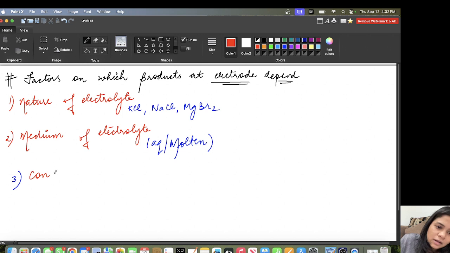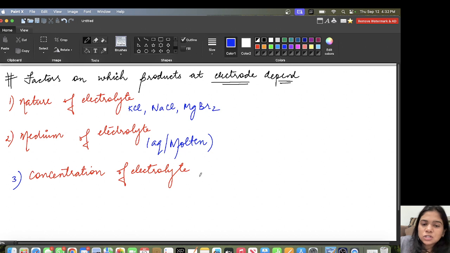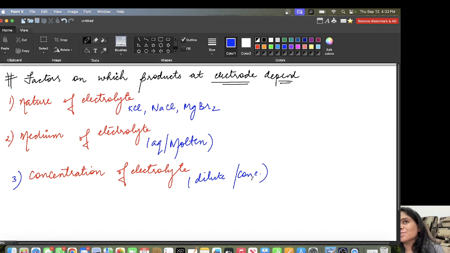We will study this in more detail. Concentration means whether it's dilute or concentrated. Concentrated means only electrolyte is present. Dilute means you're adding a lot of water into it.